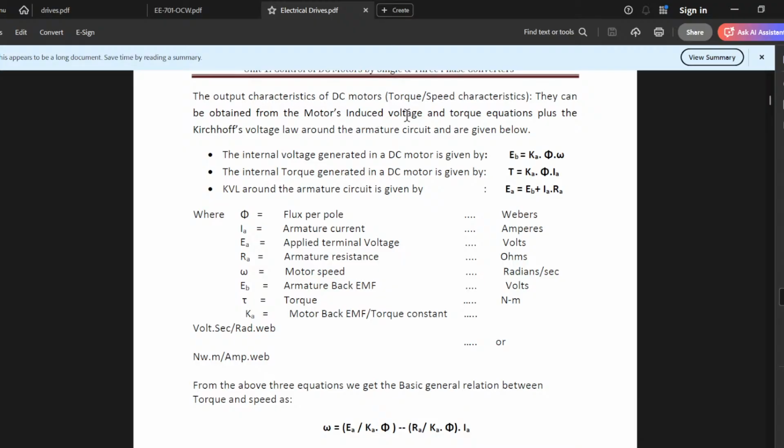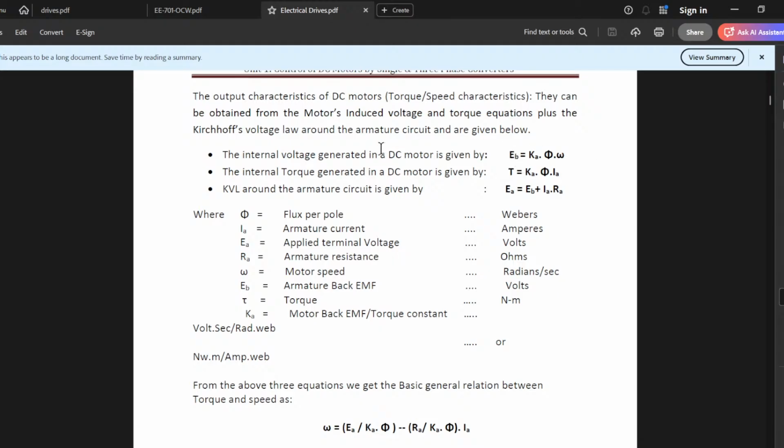The output torque-speed characteristics can be obtained from the motor's induced voltage and torque equations, plus Kirchhoff's voltage law, KVL, around the armature circuit. The internal voltage generated by a DC motor is EB equals Ka phi omega. It is also called back EMF.